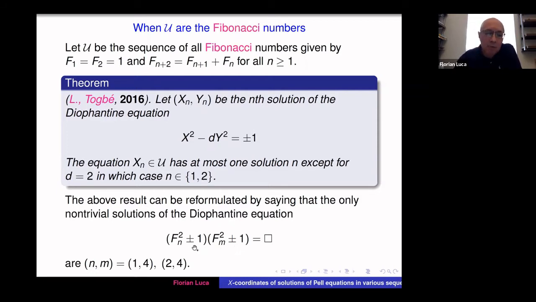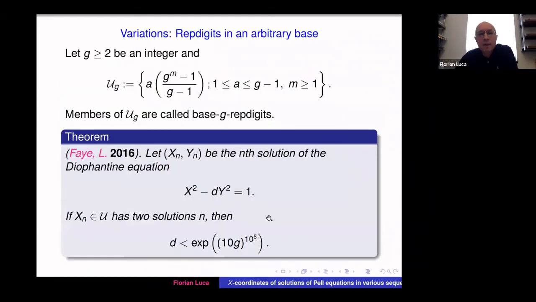And then 1 squared plus 1, that's 2. 2 times 8 equals 16. So that is the only non-trivial solution. And of course, this is a consequence of that, because if a product of two numbers is a square, it means that each one of them is d times a square for the same d by the fundamental theorem of arithmetic. So you're dealing with two solutions of this equation.